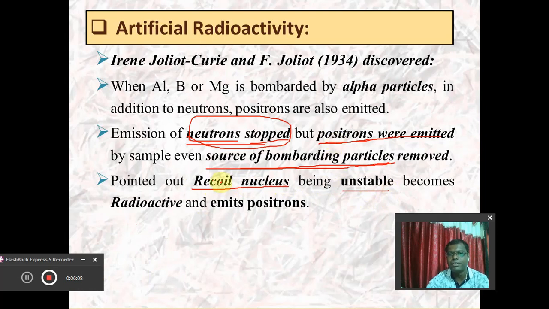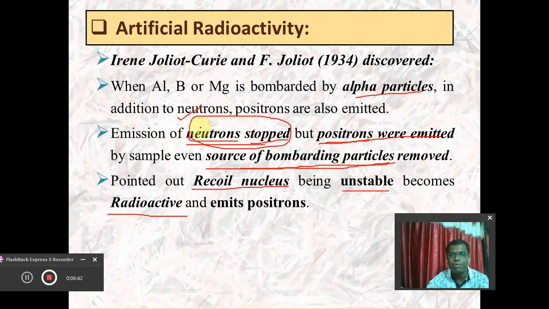As it emits particles like a positron, it means that it is radioactive in nature. It means it shows disintegration. It means it shows radioactivity. So this is the important thing. So we can make one conclusion: here the parent elements aluminium, boron, magnesium are the target. Alpha particles are the projectile, neutrons are the ejected particles, and the recoil nucleus is radioactive.